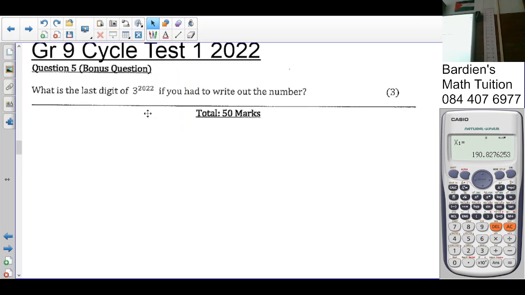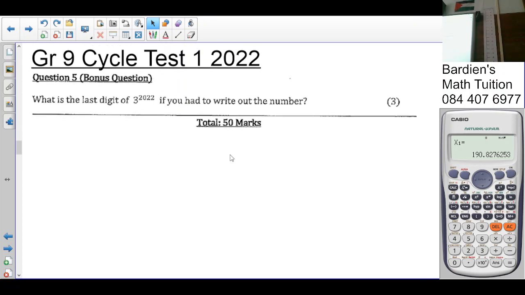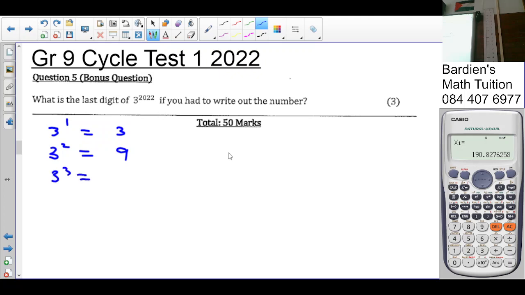In question 5, your bonus question there. It says, what must the last digit of 3 to the exponent 2022 be if you had to write out the number? Last digit. So what you should be asking yourselves, okay, if that is 3 to the 1, then I get 3 as the last digit. 3 to the exponent 2, 9 is the last digit. 3 to the exponent 3, 27.